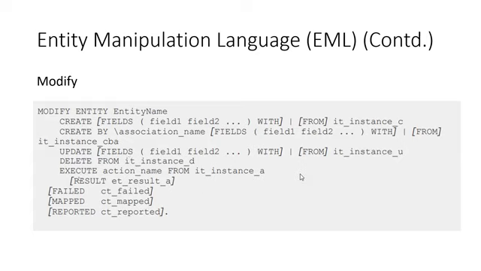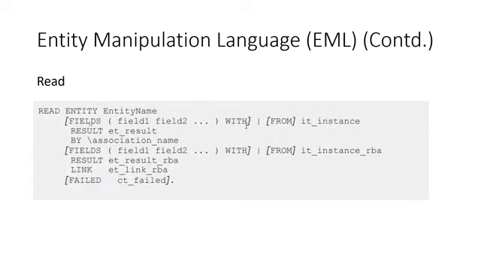Now, if this is successful, this structure failed is going to be empty. But if it fails, this structure is going to be filled with something. And then this reported can have additional information, and the mapped will have the result here as well. Same thing with the read. If the failed structure is not empty, that means the read failed.